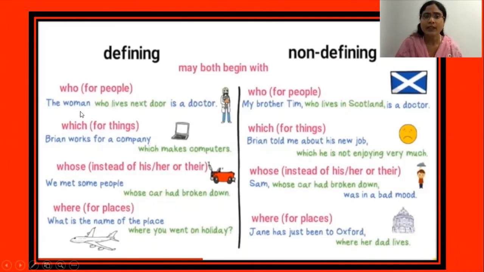If I simply say the woman is a doctor, this sentence doesn't give complete or exact information about the woman. But when I include the relative clause who lives next door, who defines the woman who lives next door to me and she is a doctor.